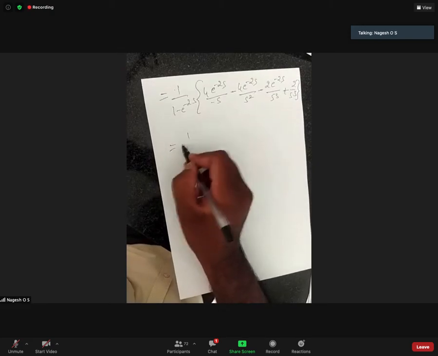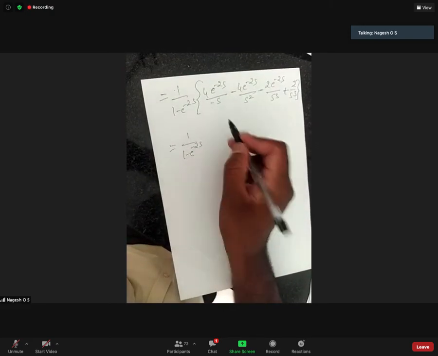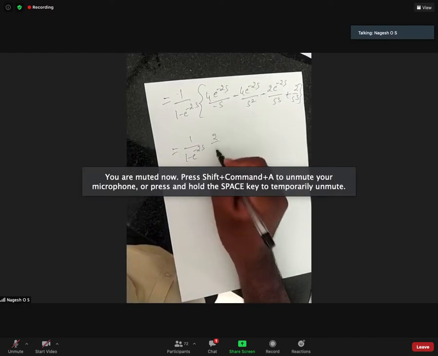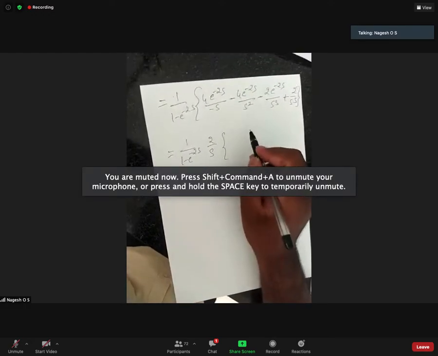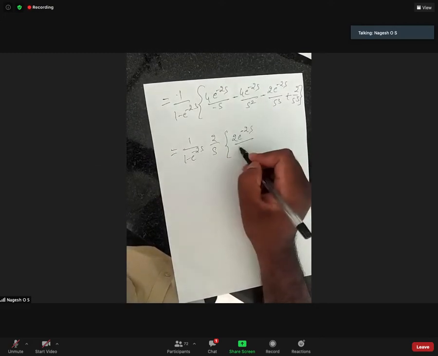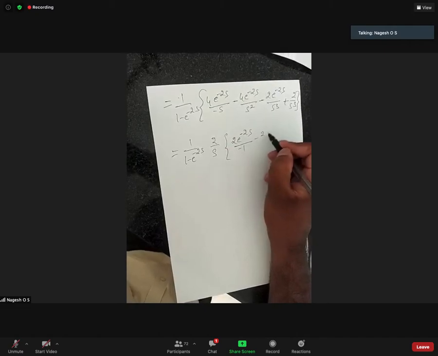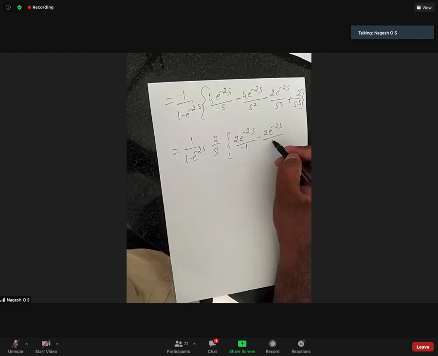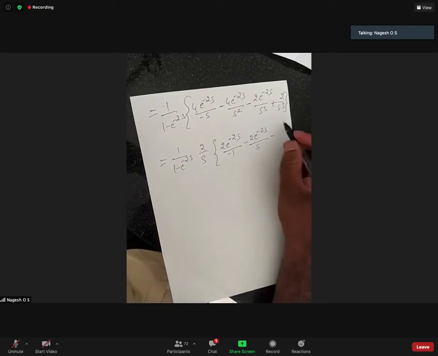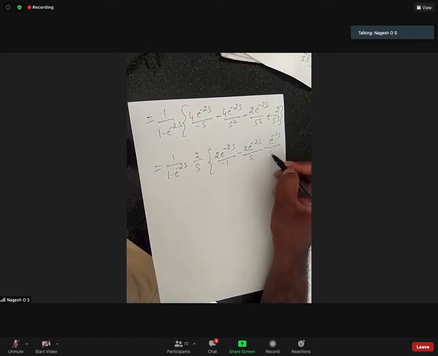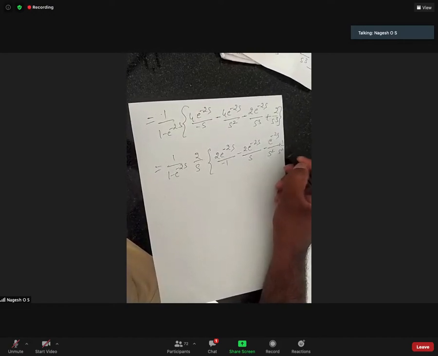This is equal to 1 by 1 minus e power minus 2s. What can I take? I can take 2 by s common. So that will become 2 e power minus 2s by minus 1, minus 2 e power minus 2s by s, minus 2 I took common, e power minus 2s by s square plus 1 by s square.